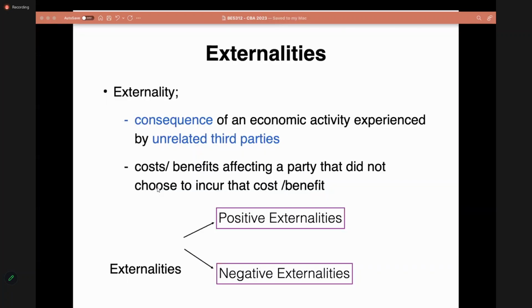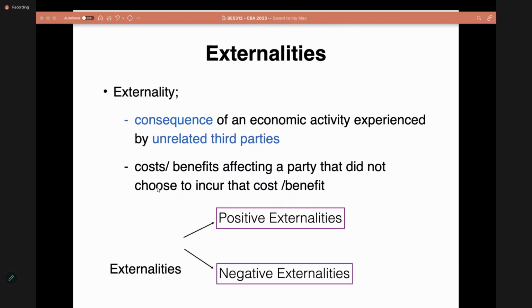Right? So what we mean by an externality is basically a consequence of these economic activities that we do that are experienced by unrelated third parties. So people, stakeholders who are not really directly involved in the activity or the project.